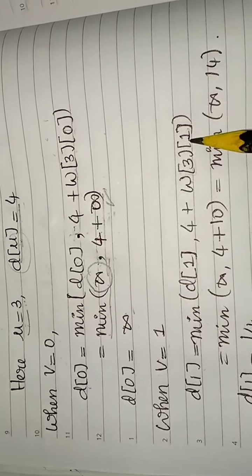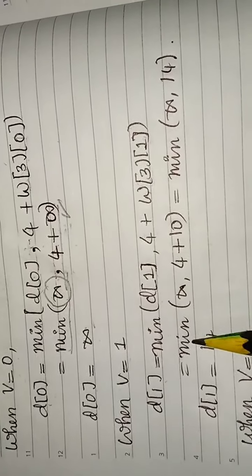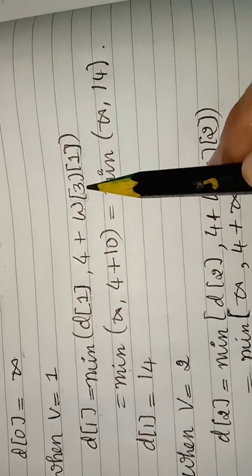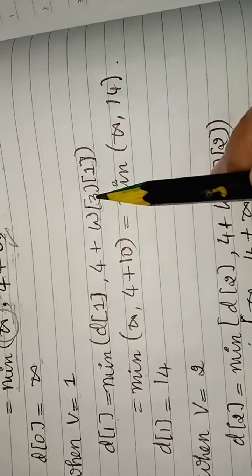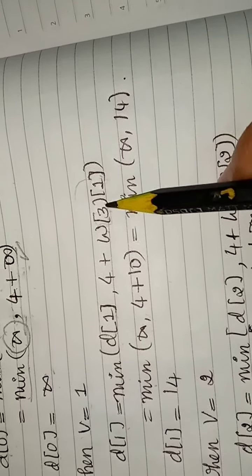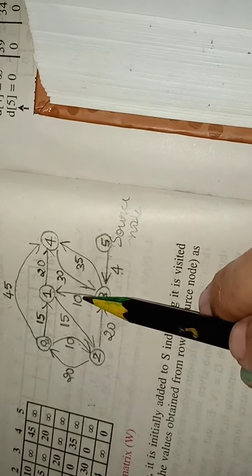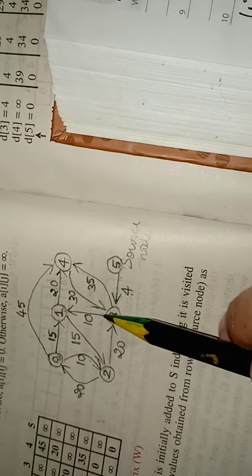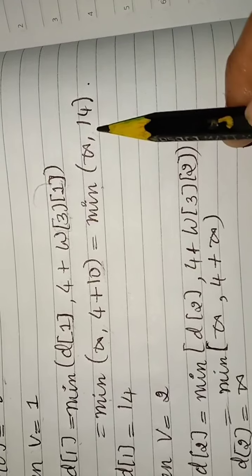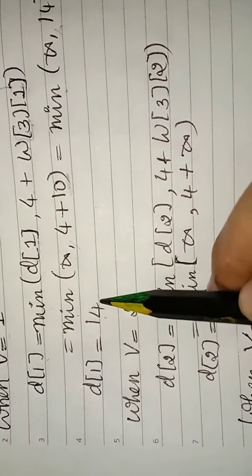So d of 1 will be the minimum of the value of d of 1, which again is infinity, so you write infinity comma 4 plus W, that is the cost of 3 to 1. Whether you have a direct connection from 3 to 1, we will find out from the graph. 3 to 1, yes, if you can see here, you have a direct connection to 1, and the value is 10, so you just write 10 here. So you will get infinity comma 4 plus 10, that is 14.